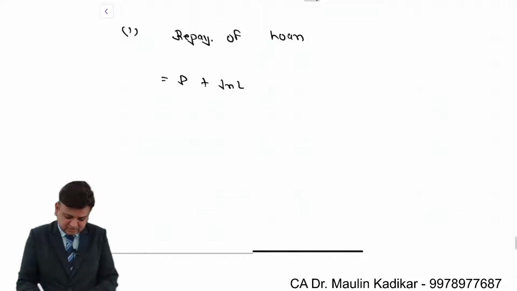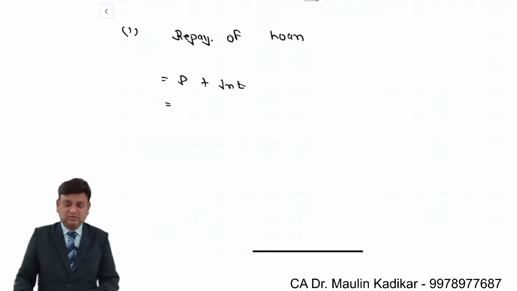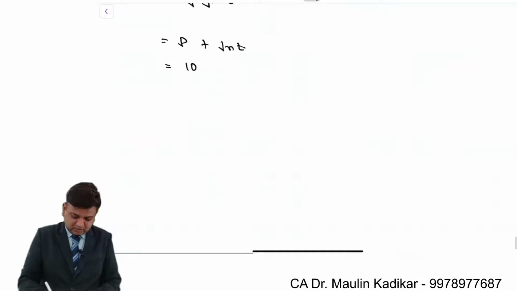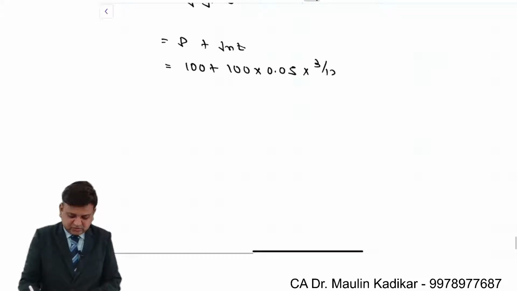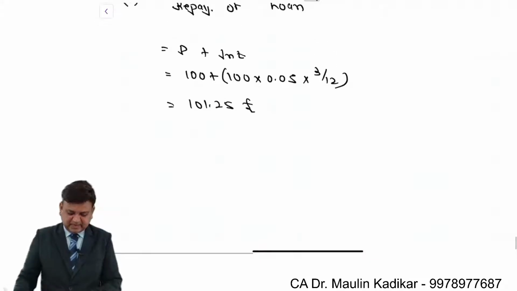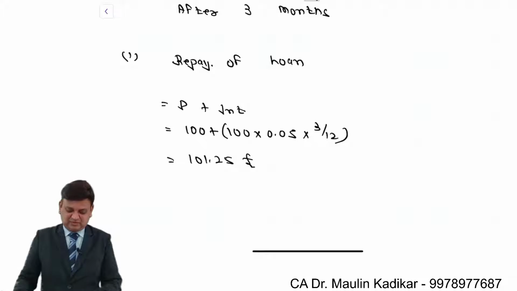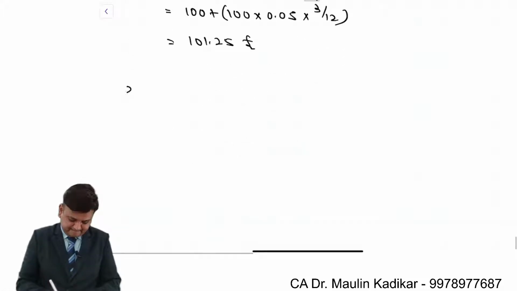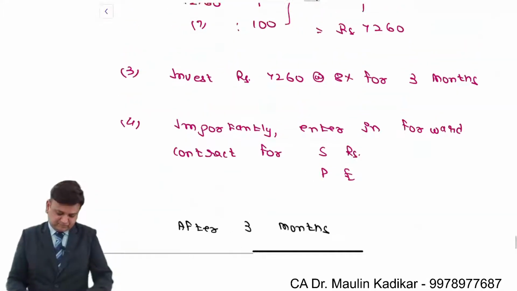Principal plus interest, 100 plus 100 into 0.05 into 3 divided by 12. So 101.25 pound.